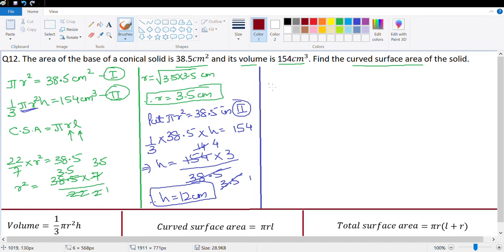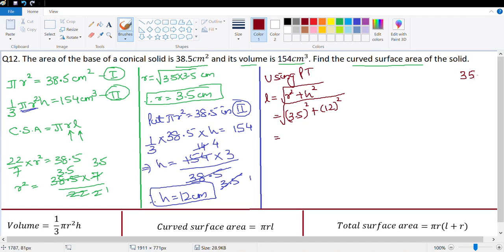So using Pythagoras theorem, L is equal to the square root of r square plus h square. Which means r is 3.5 whole square plus h, which is 12 whole square, and the square root of this. 3.5 whole square, I hope you remember, if you need to find the square of a number which has 5 at the end, then you look at the number before 5, in this case it is 3, so you take 3 and you multiply it with the number plus 1.